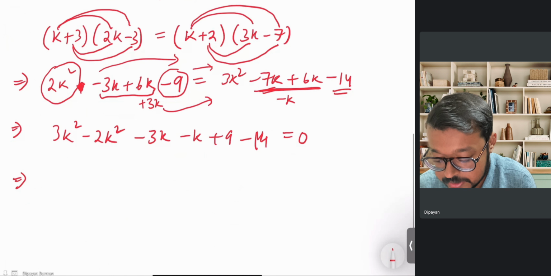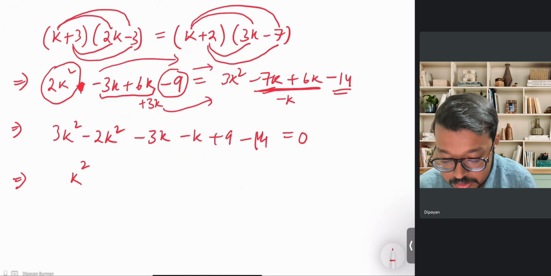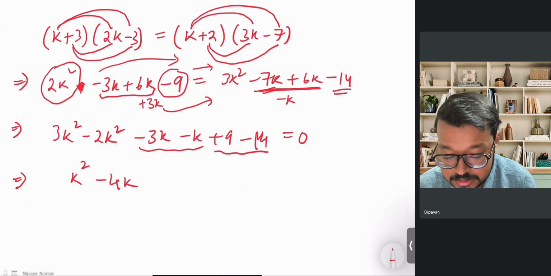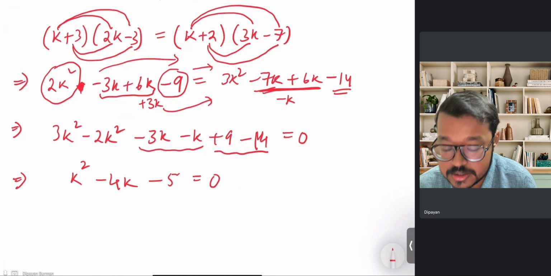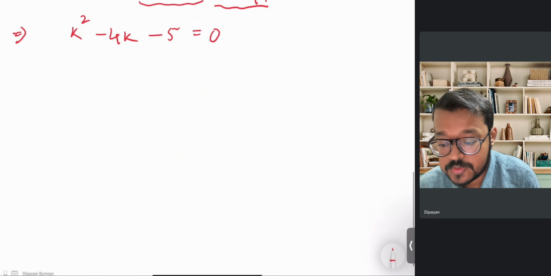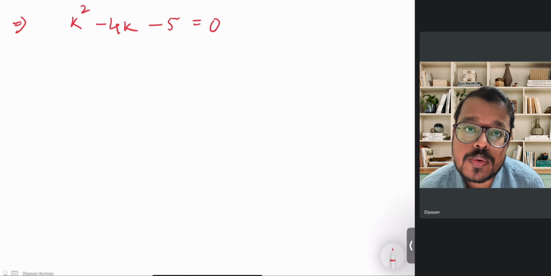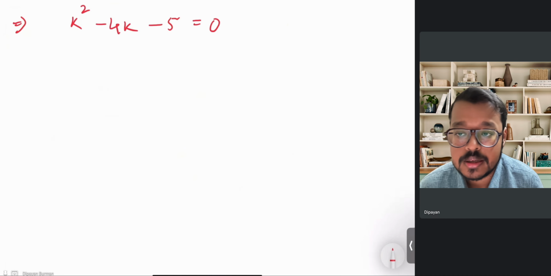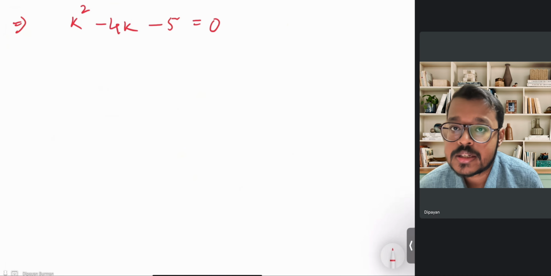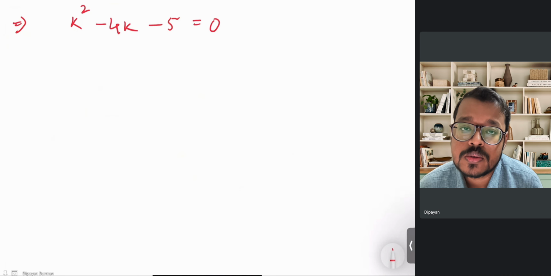So I will have k square, this will result in minus 4k, and this results in minus 5. This is equal to 0. So what we have now is a quadratic equation with the variable k. So let's try to use factorization to solve it.